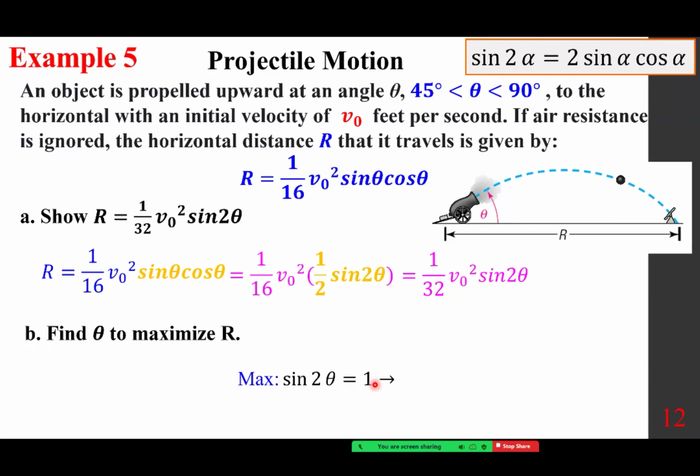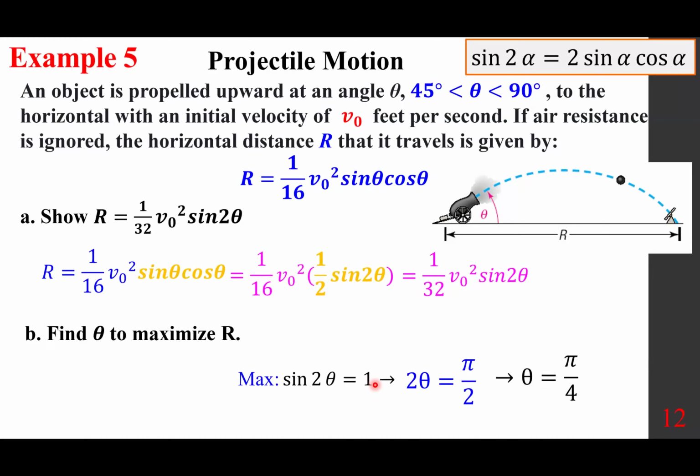So sine of 2 theta is 1. That means 2 theta must be pi over 2, and theta must be pi over 4. And that's all there is to it. Pretty straightforward. At the angle of pi over 4, it will maximize the range. R stands for the range, the horizontal distance.